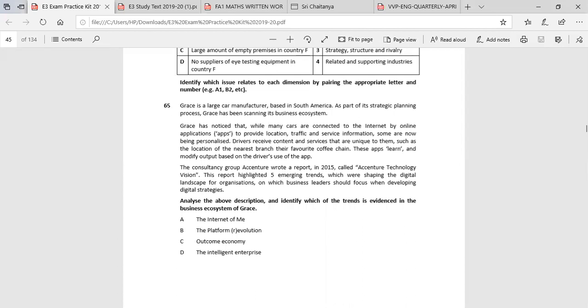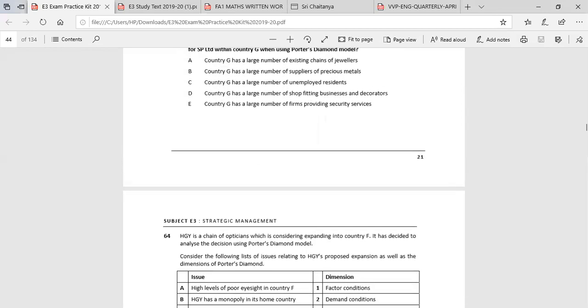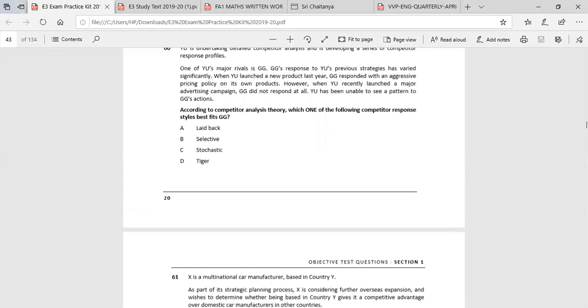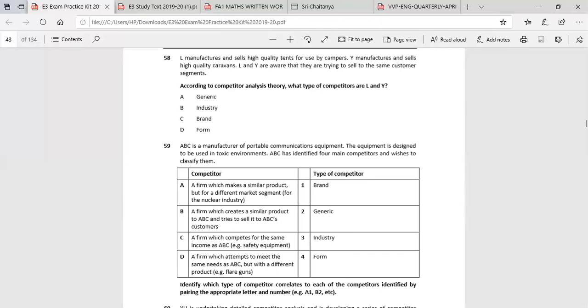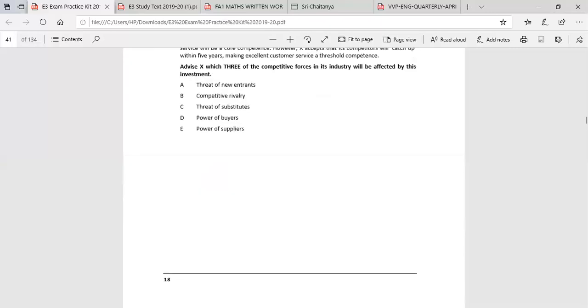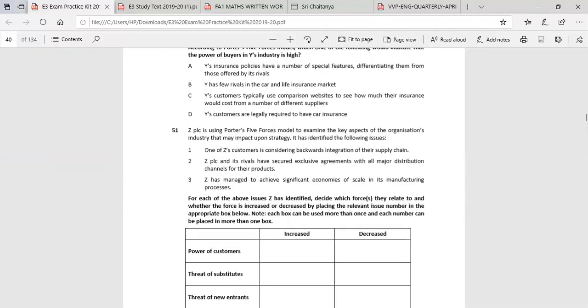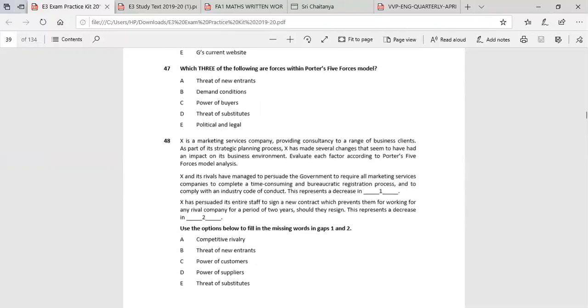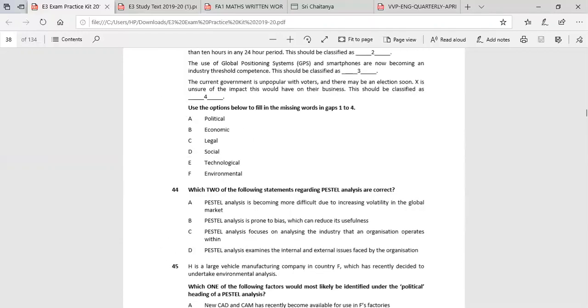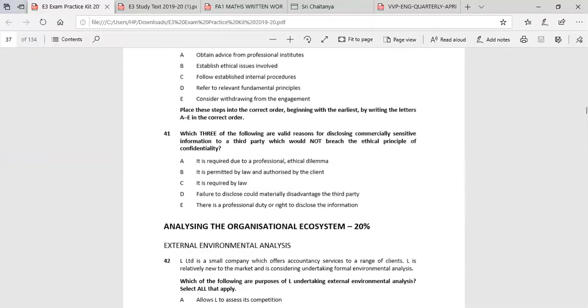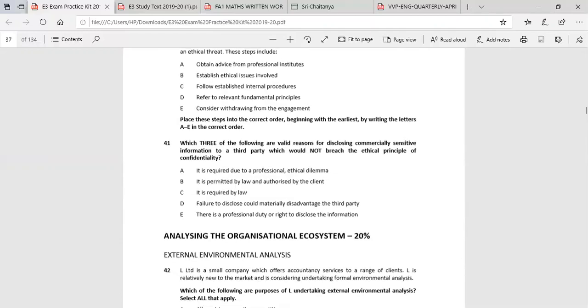So this cannot be answered immediately. Maybe something else which I have missed. 63 is on hold. Anything else? Earlier also I missed something else. Anyone remembers? If we remember something, then we'll come back to that.